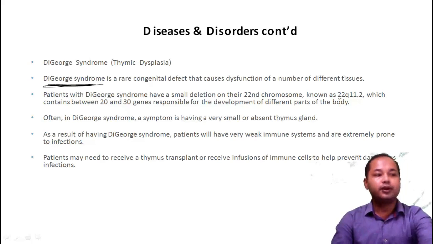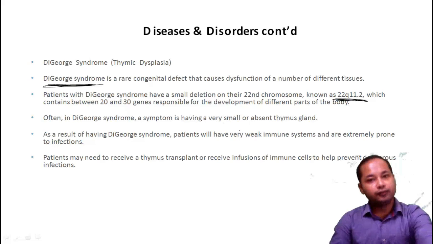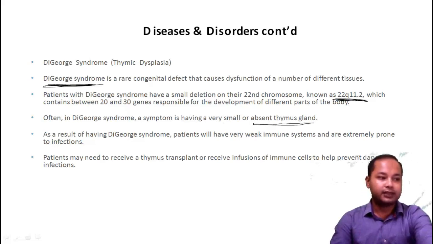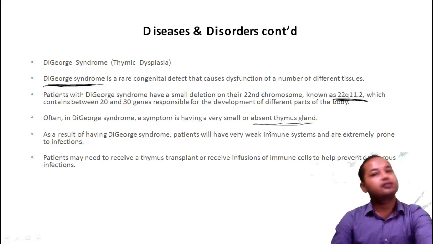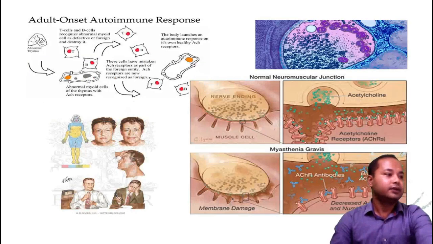This is basically because of an abnormality in chromosome 22q11, and along with the absence of the thymus gland in DiGeorge syndrome, there are also cardiofacial deformities associated with it.